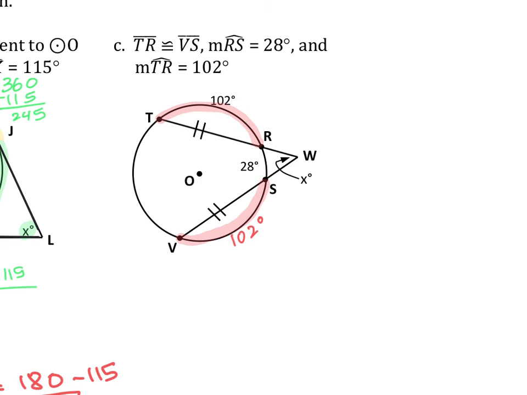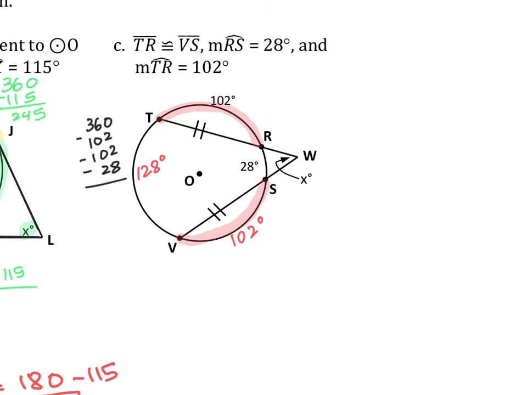So if this is 102, this is 102, and this is 28, to find arc TV, I can simply do 360 minus 102 minus 102 minus 28. That's going to be equal to 128 degrees.